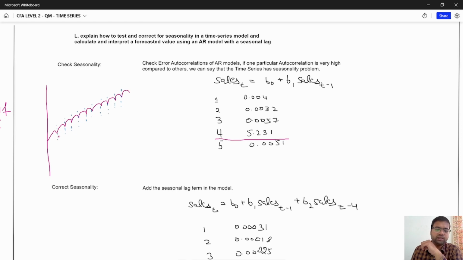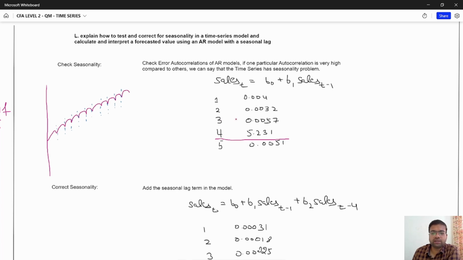So we can say that there is a seasonality term, like in the holiday season the sales dip and then pick up regularly. It could be that the company is providing stationery items to schools. So during the holiday season the sales go down and then they recover as the schools reopen.